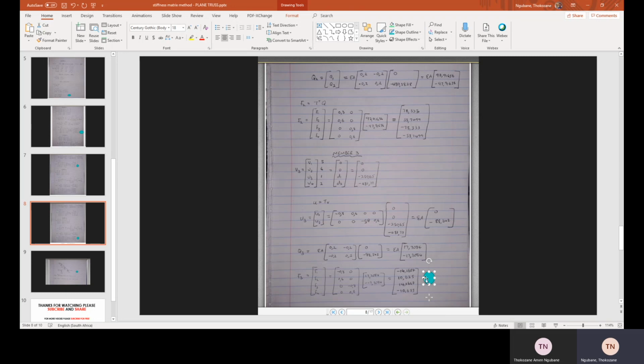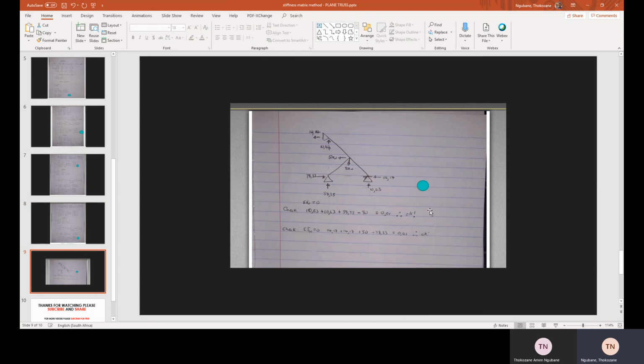Horizontal, vertical. Even here on F2, horizontal, vertical. Okay, let's go and add there on our member 3. We got negative 14.17. That's why it's pointing to the left. We got positive 10.63. That's why it's pointing upward.